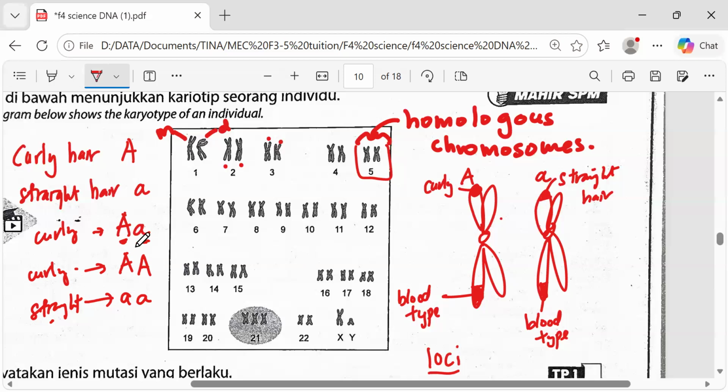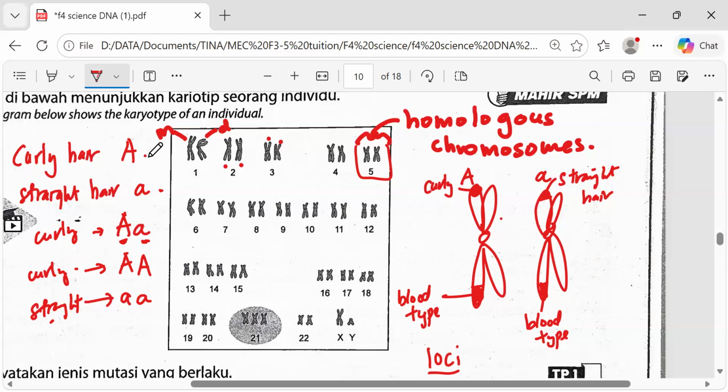Whose gene is dominant? Curly hair. So the one that is stronger is called dominant. The dominant gene is curly hair. This one is called recessive.